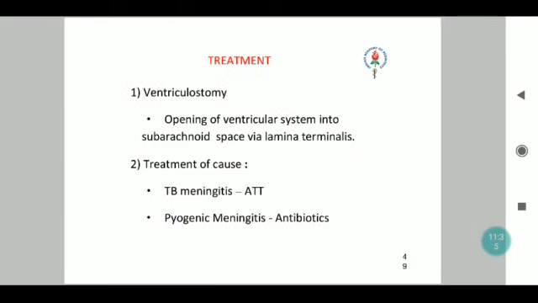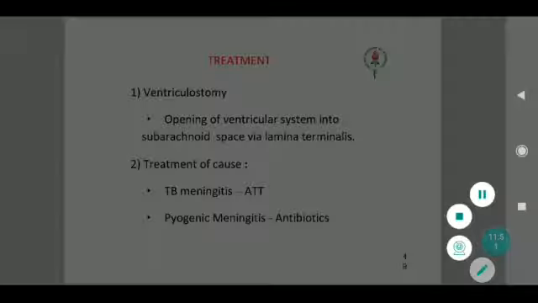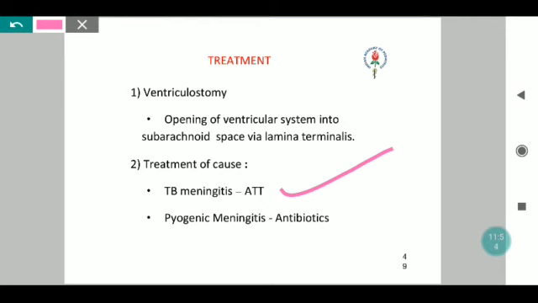And further treatments include ventriculostomy, where there is an opening of the ventricular system into the subarachnoid space through the lamina terminalis. And if there is a specific etiology for hydrocephalus, which could be because of TB meningitis, starting ATT is a must. And if proven to be a pyogenic meningitis, start IV antibiotics for 21 days to ensure a complete cure.